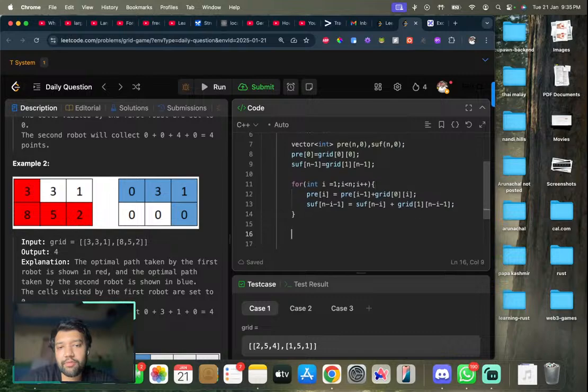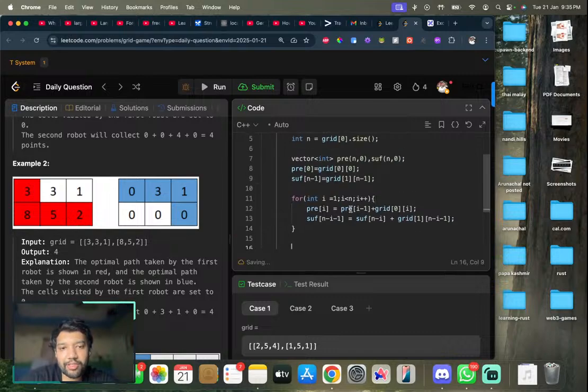If I do a dry run, I would have n minus 1 to be 2, and the last index will be 2, and then i is equal to 1. For i equal to 1, sub[n minus 2] will equal suffix of n minus 1 plus grid[n minus 2], which works.